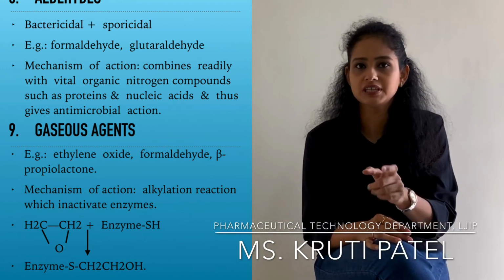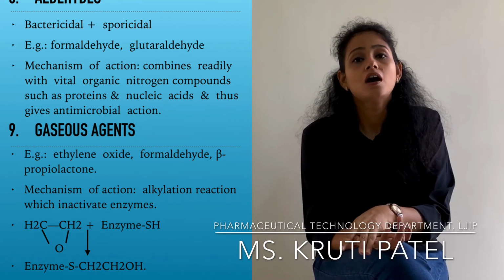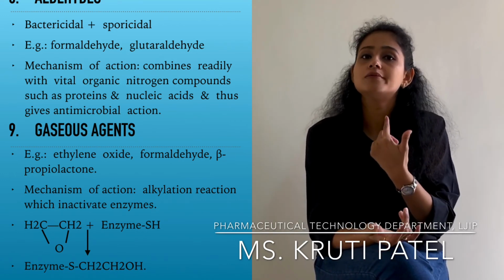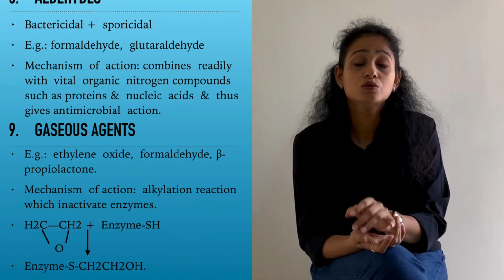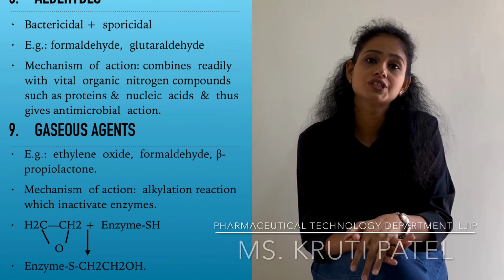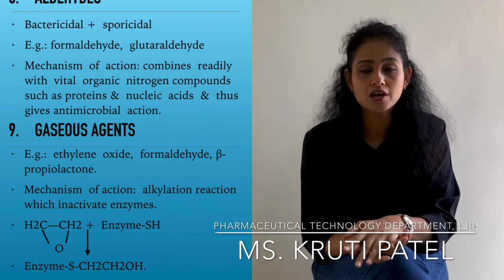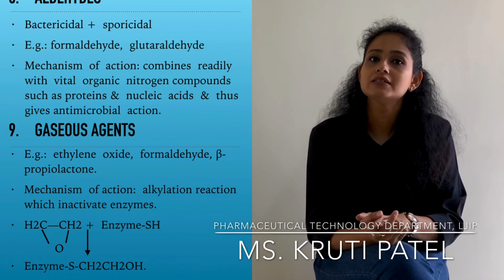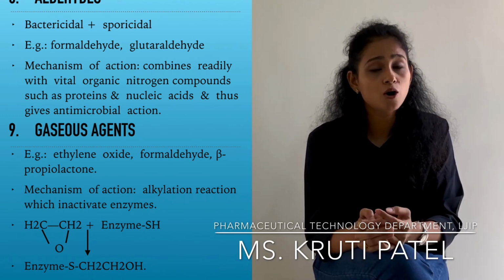Moving further, the last is gaseous agents. These gaseous agents are very important sterilizing agents. We will be studying the whole short note on gaseous agents in detail afterwards. The most important gas used for sterilization is ethylene oxide. Now where are these gaseous agents used? When we want to sterilize a large room, for example in hospitals, operation theaters.